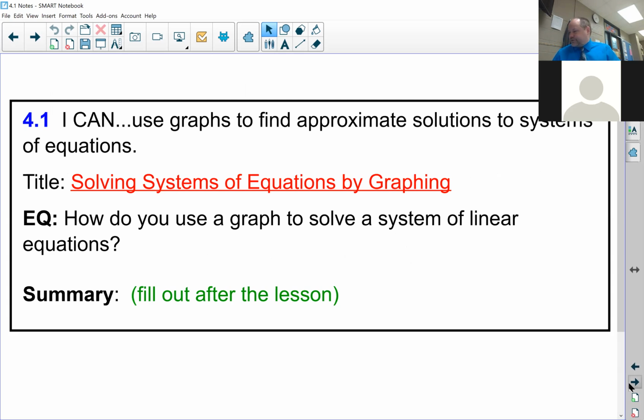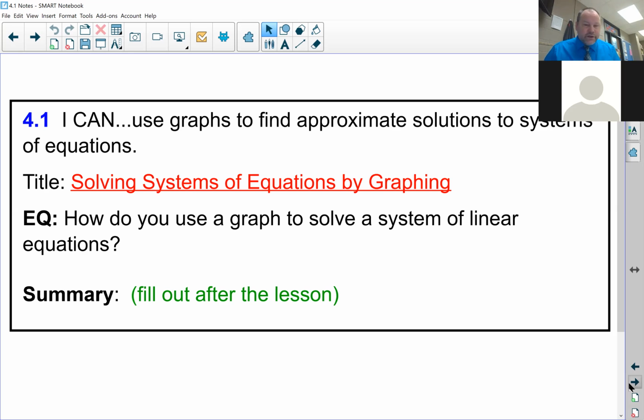All right. So for today, what we are going to do is lesson 4.1, solving systems of equations by graphing. So the next couple of weeks are all going to be on this thing called solving systems of equations. And we're going to use 3 different methods for solving systems.